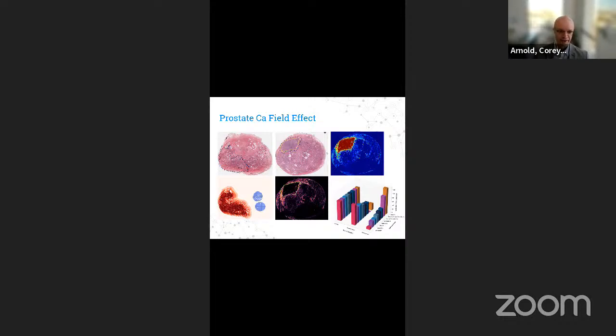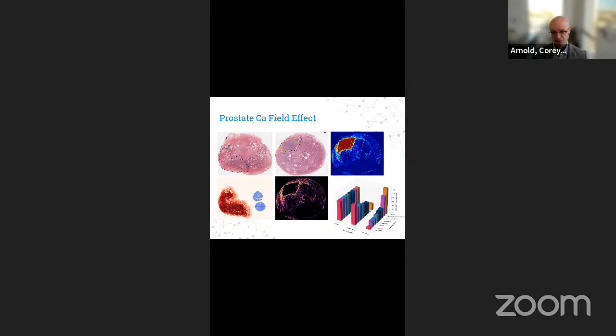And then we had the pathologist draw two faraway normal zones. These are the blue zones here, where we expect potentially there to be no field effect or lesser field effect.